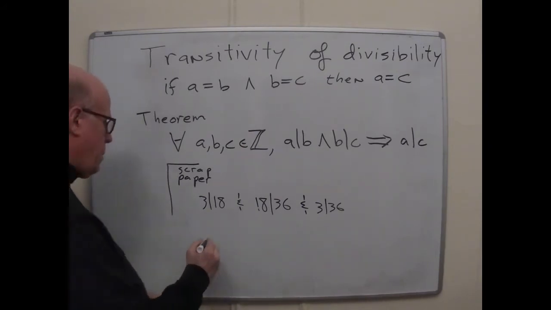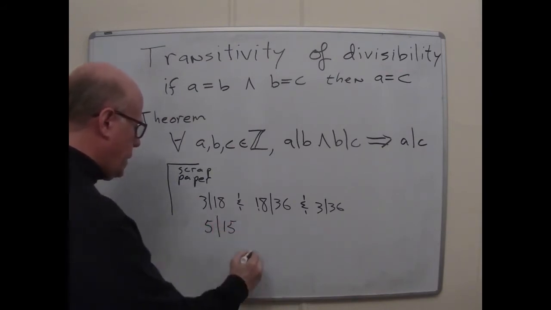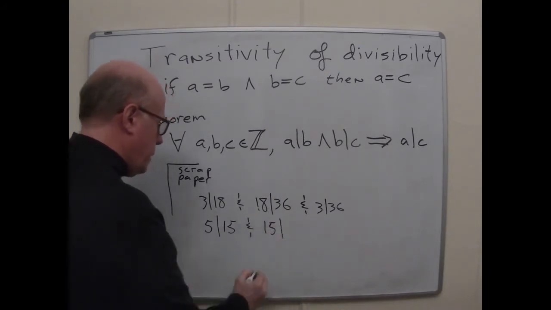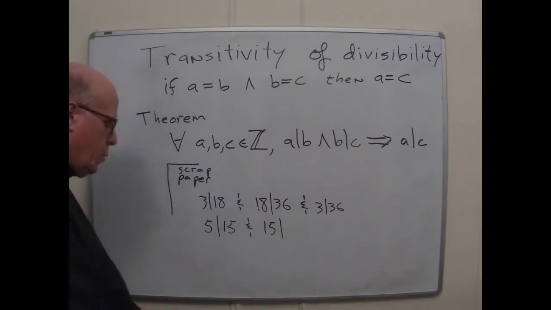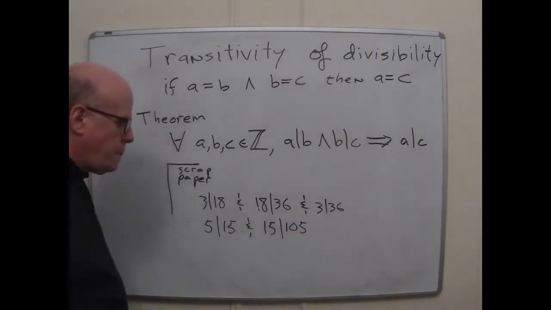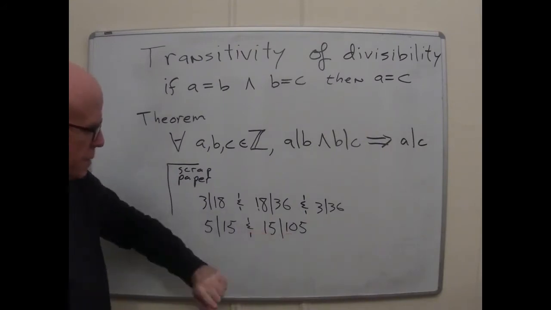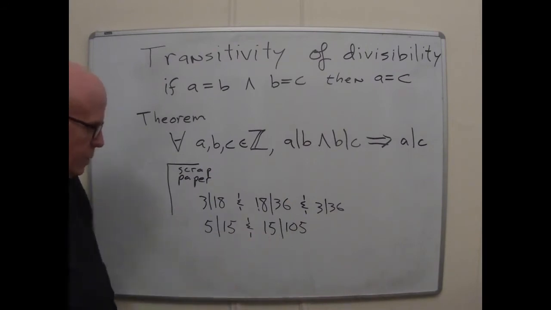You want to try something else? How about 5 divides 15? And 15 divides, I almost said 100, but 100 wouldn't do. 105 would, though. You can check, 90 is just below 100, and 90 is a multiple of 15, and so add 15 more to that.